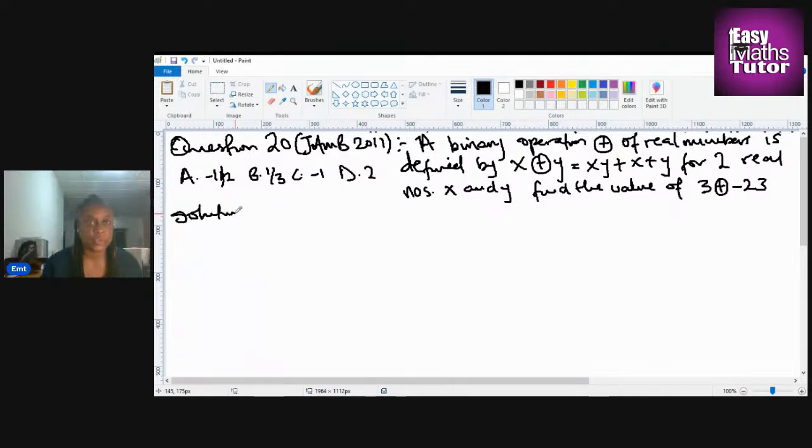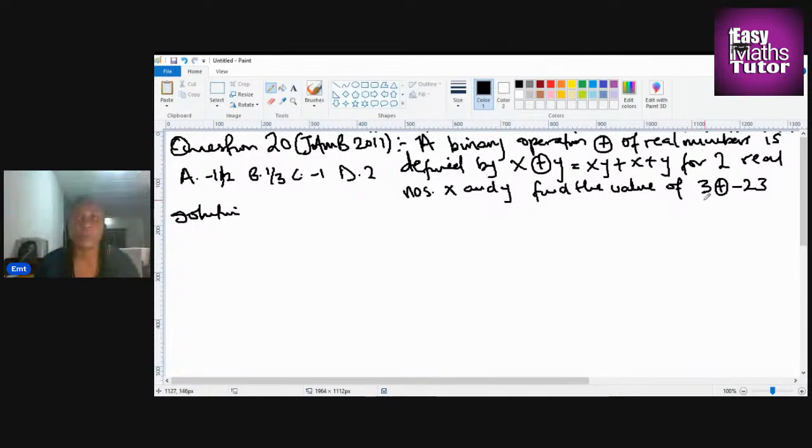Solution. Okay, so we are going to substitute the values. It's 2 over 3, I think it's a typo.